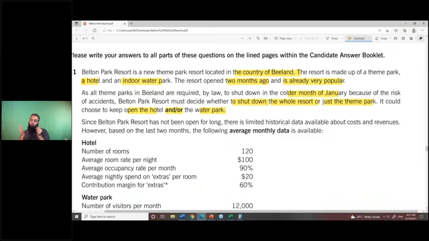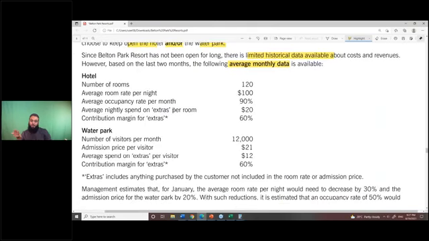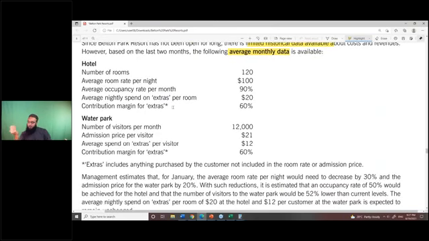Since Belton Park Resort has not been open for long, there is limited historical data available about cost and revenues. However, based on its last 2 months, the following average monthly data is available. So what all you have is monthly data, and you also have to take a decision for the month. That's perfect.